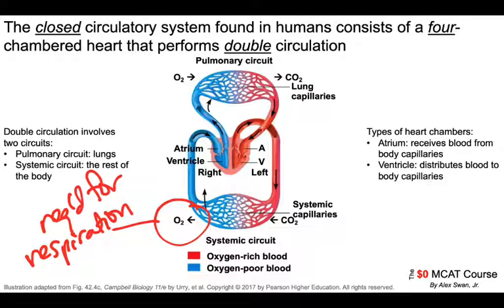And CO2 is now entering this blood, which is relevant because CO2 is a byproduct of respiration. If it's not removed, it can result in very acidic conditions, which are not good for the body.